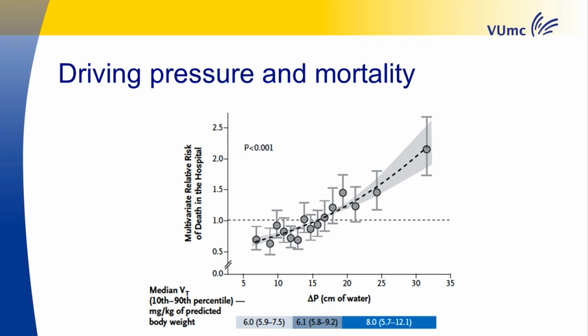But you now immediately understand the problem of this study. Again, here it is the resistance of the respiratory system. It was not corrected for severity of the lung disease, right? It would be much better if we could correct tidal volume for compliance of the lung. But it's better than we did before, I guess.